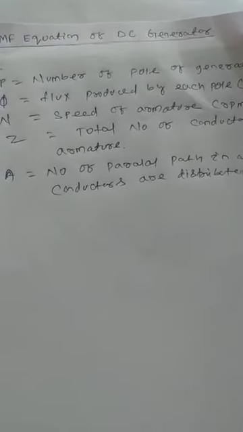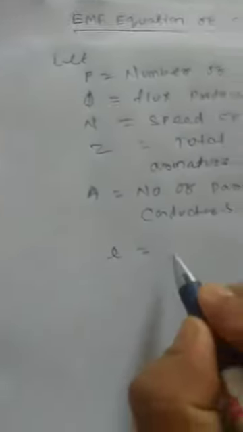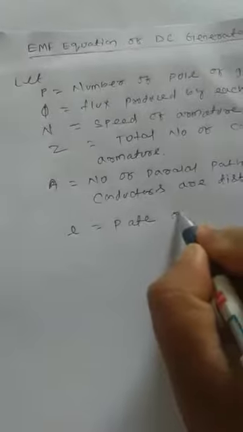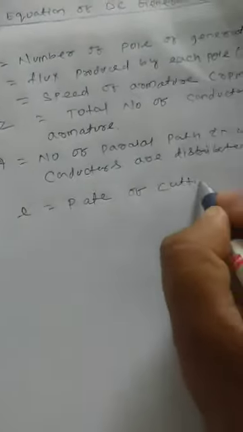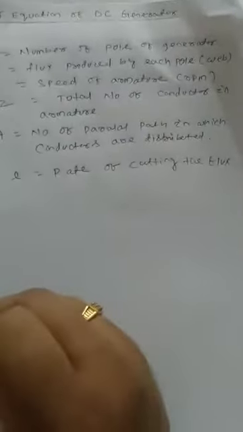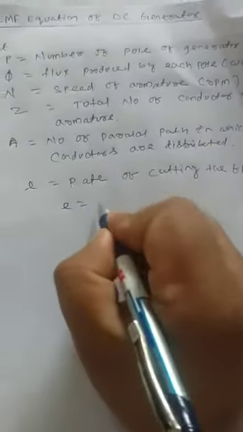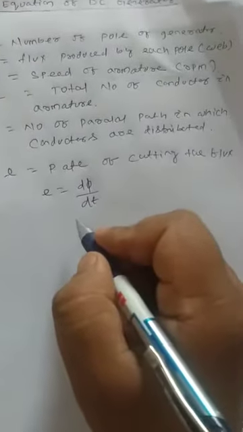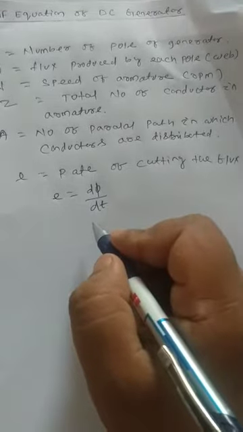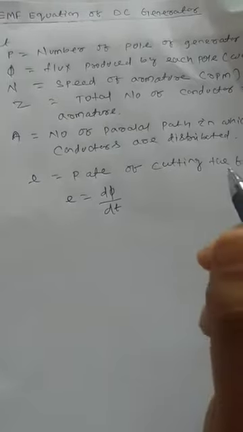So E is nothing but the rate of cutting the flux, E equal to d phi by dt. Now let's derive the EMF equation as per Faraday's laws of electromagnetic induction.